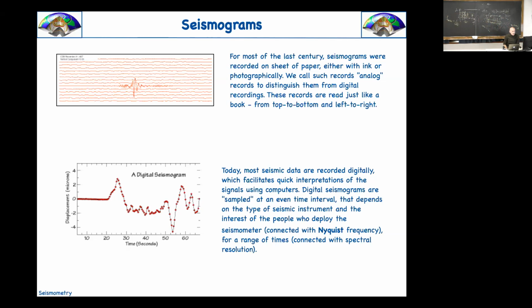So if you want to record a seismic signal up to 10 hertz, your sampling should be at least 20 times a second, at least. If you want to listen to music on a CD, digital music, nowadays you're using MP3, I know, but if you want to buy a CD, you have to take care that we are able to listen up to 20 kilohertz.